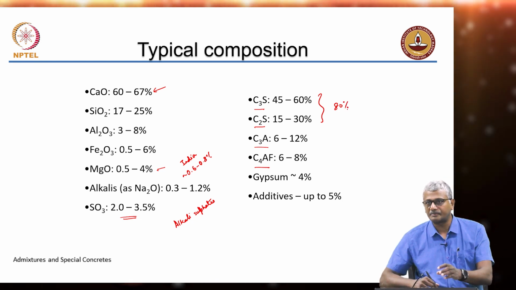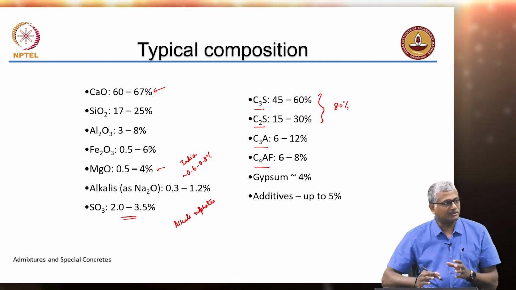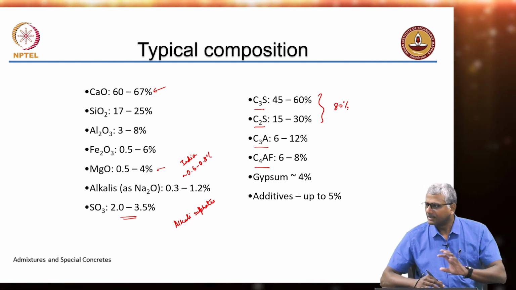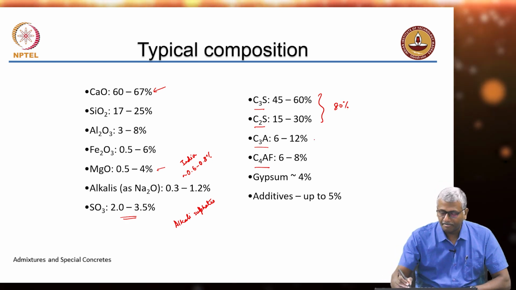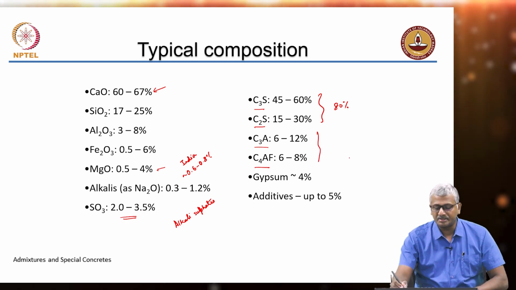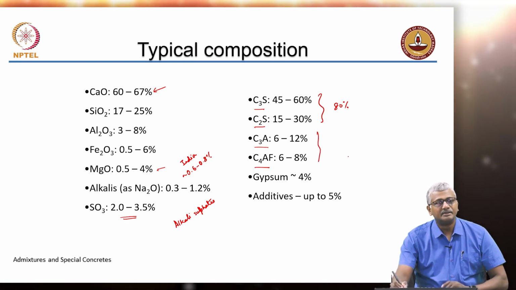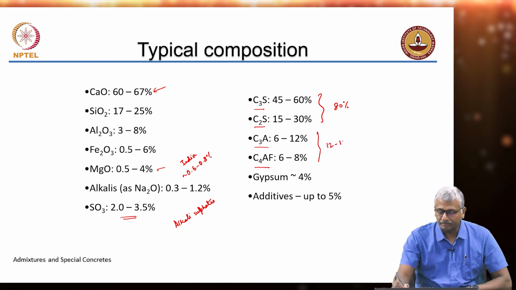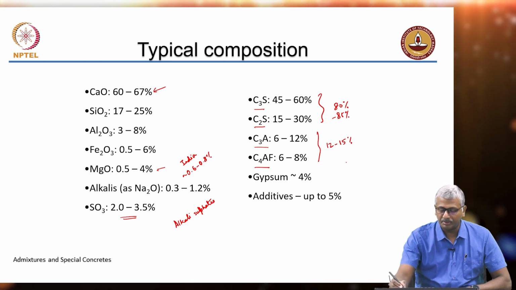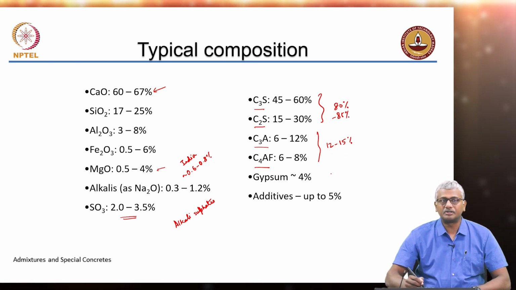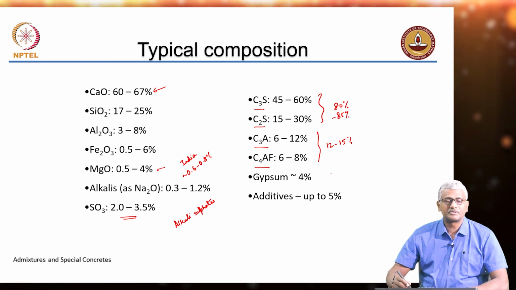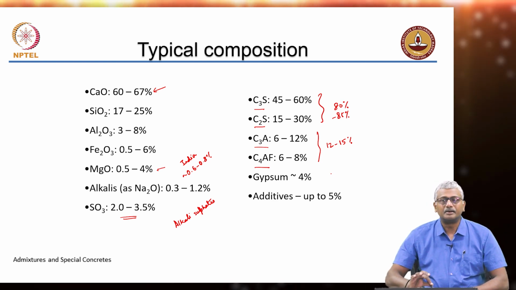We will talk about different types of cement, but in all cements, if you combine C3S and C2S together, it will be more or less close to 80%. Again, C3A plus C4AF together will be about 12 to 15%, and gypsum is around 3 to 4%. That's the amount of gypsum that is available in the mix that we have.